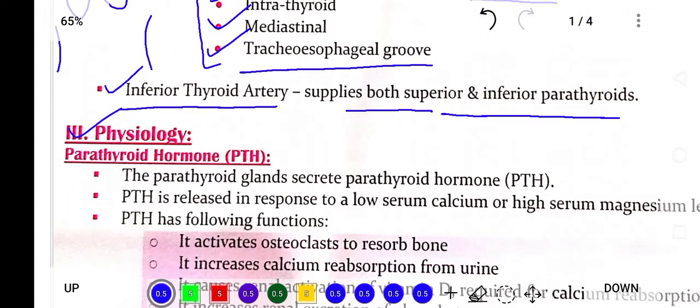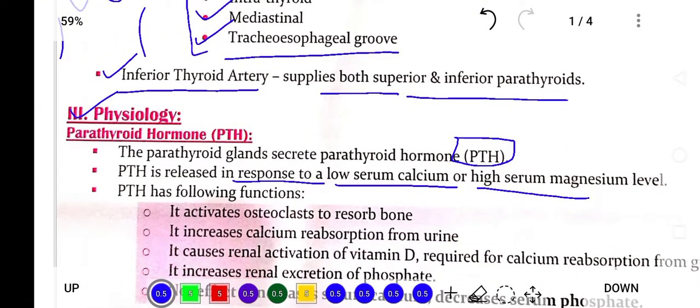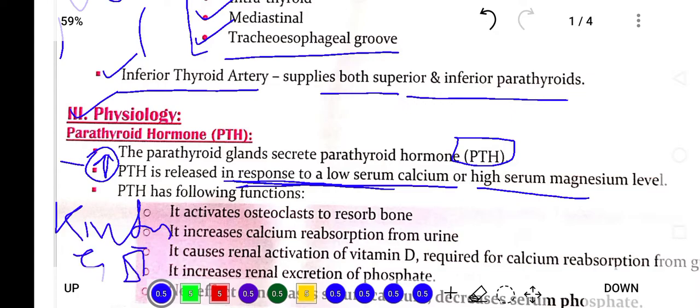Now, the physiological point of view: the parathyroid gland secretes parathyroid hormone, which functions in response to low serum calcium level and high magnesium level. When serum calcium level is low, parathyroid hormone increases in the blood, which causes reabsorption of calcium from the kidneys and GIT, as well as from bones.